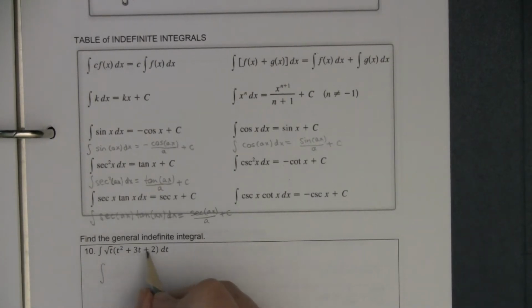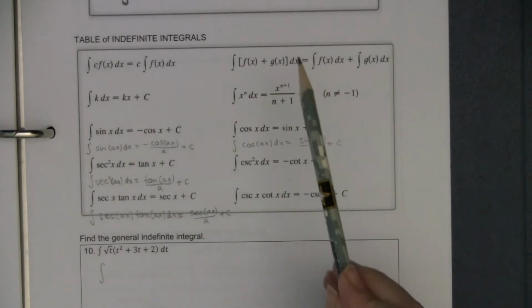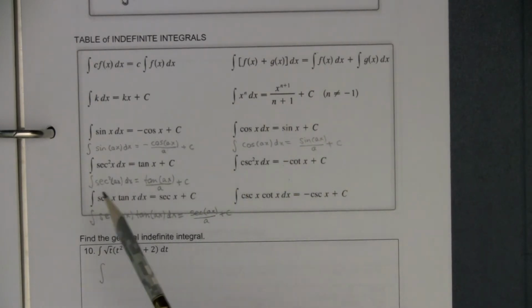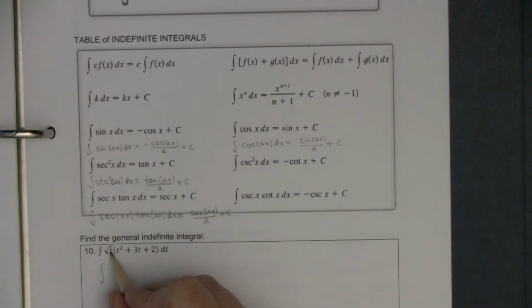And I can't find the antiderivative of a product. You notice that none of these here say what to do if you just had two things being multiplied together, except for that one. So what you have to do is multiply it together first. Remember the power rule from algebra: this is t to the half, and you add it with the 2, so half plus 2 is 2.5.